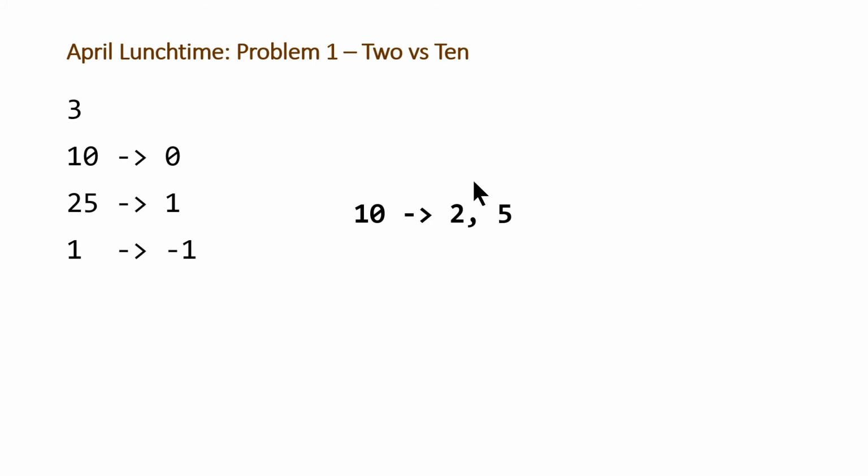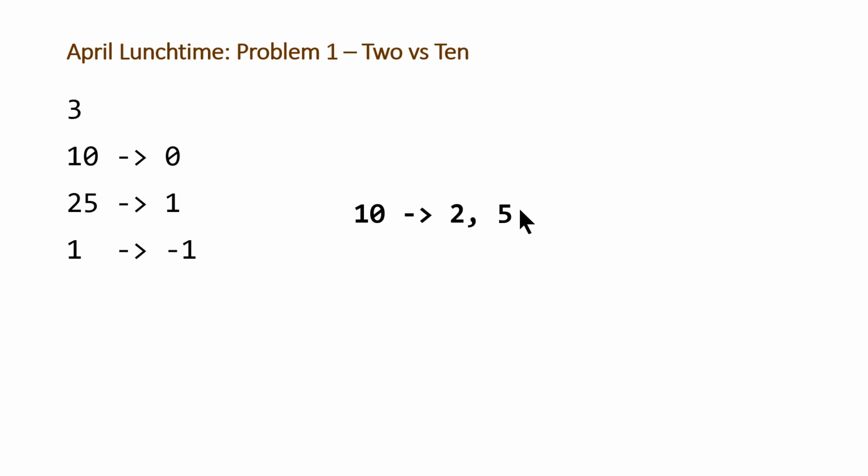Specifically because we're multiplying the number by 2, we know that at some point after at least one turn it'll be divisible by 2, and that means we basically only need to check whether the number is divisible by 5. If it's not divisible by 5, we know at no point will we get both the factor 2 and 5, because we're only multiplying by 2. So if our number isn't divisible by 5, we just return -1.